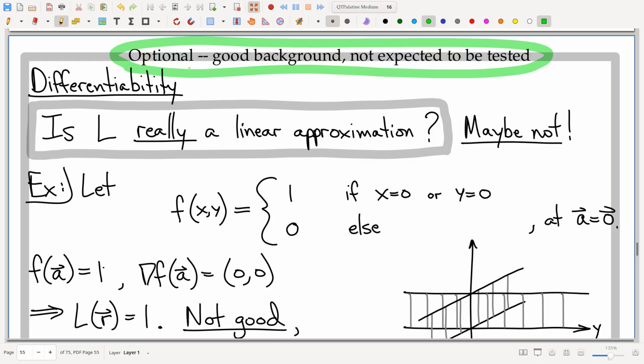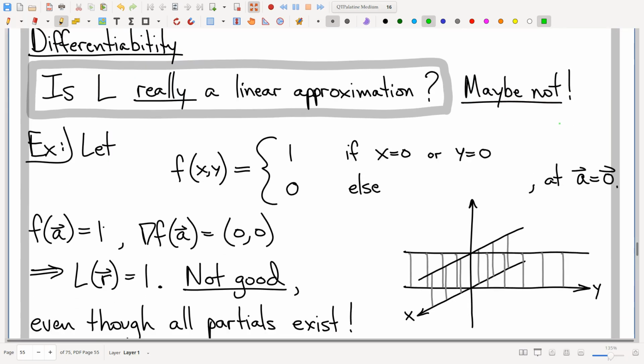We've written down this thing called the linear approximation. Is it really? Does it do what we claim? Under what circumstances might it not do what we claim? And I'm sad to say, yeah, sometimes it really isn't, right? And I just, very quick passing reference.